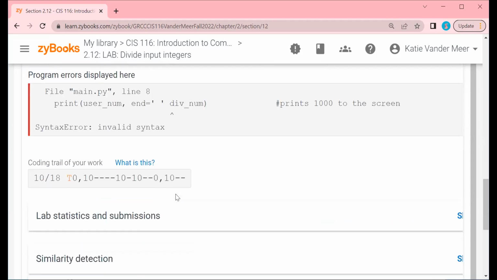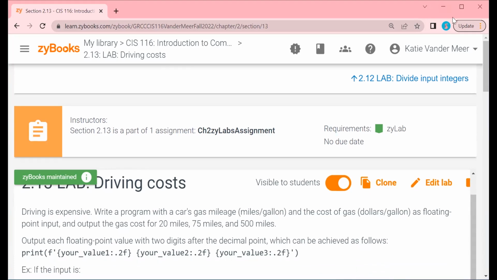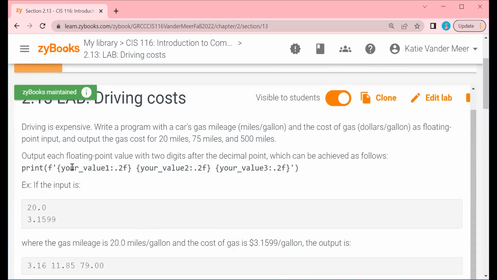All right. Let's look at 213 now. Okay, this one gives you the print statement, so that's your exact code.